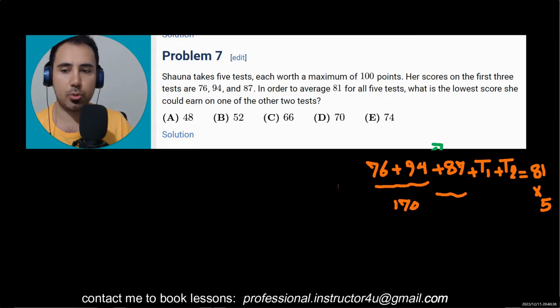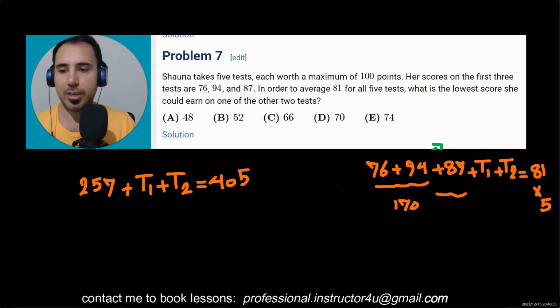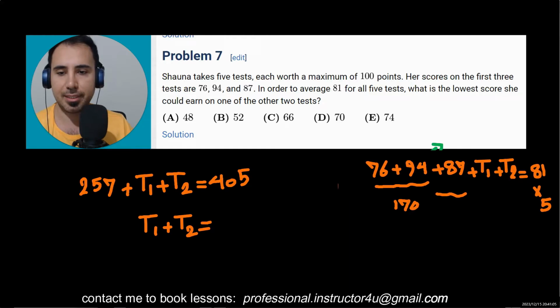So 257 plus these 2 values, T1 and T2, is equal to 81 times 5, which is going to be 405. So from here, we have T1 plus T2. We just have to subtract. So T1 plus T2 is equal to 405 minus 257.